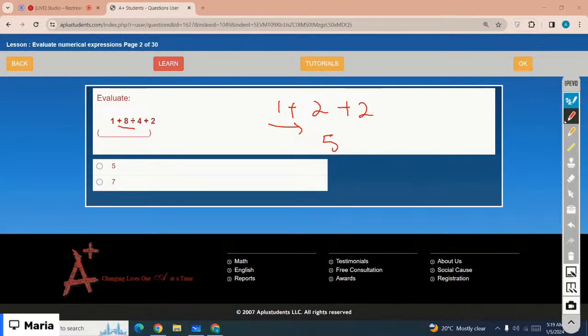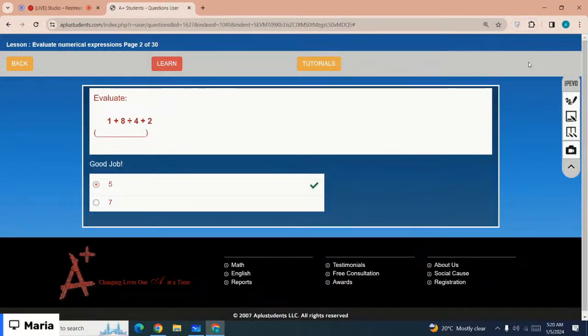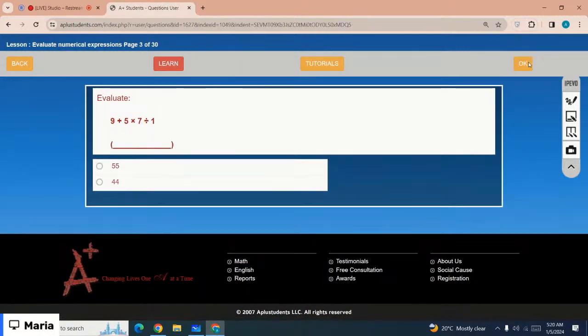For the next question, you have to solve the question in your notebook and write the answer in the chat box. Use your notebook and pencils now, please. 9 plus 5 times 7 divided by 1, which is the correct option?